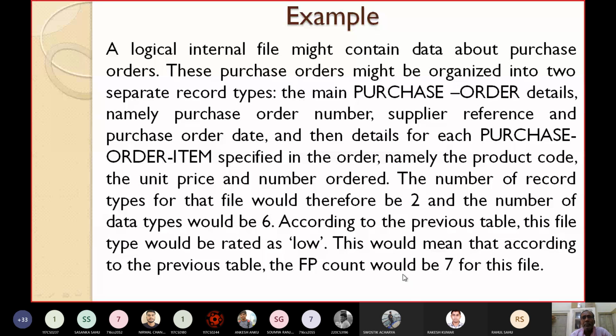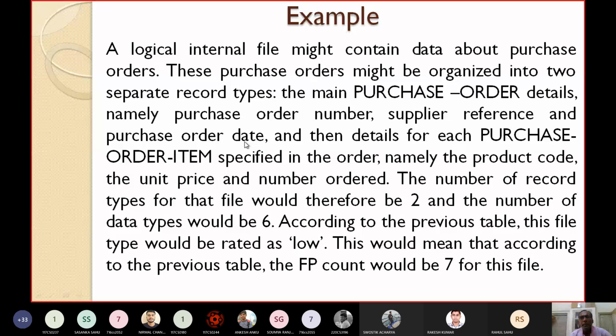So one is the main purchase order details, and this purchase order record will contain the purchase order number, supplier reference, and purchase order date. Then for each purchase order item, what are the items in the purchase order?